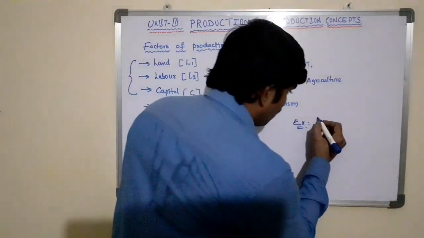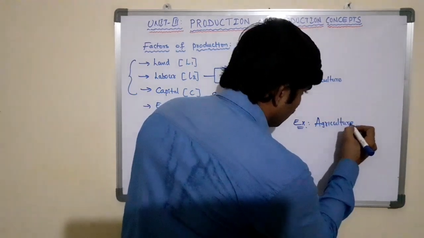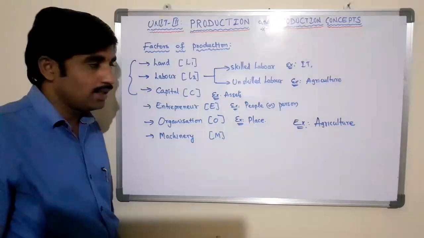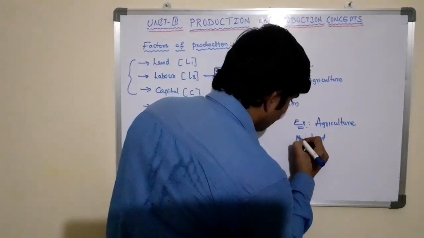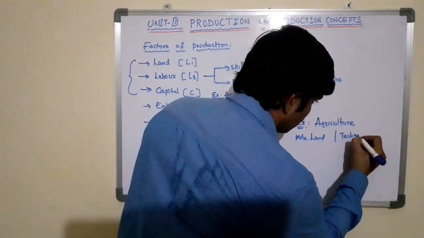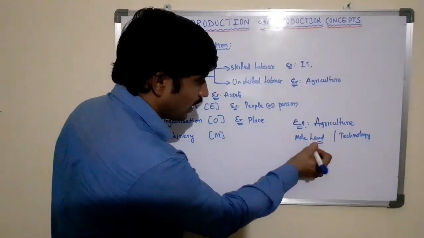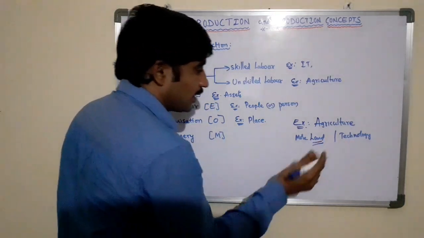For example, in the agriculture sector, to produce a crop, to produce paddy, we require more land than technology, because the requirement of land is more than technology.